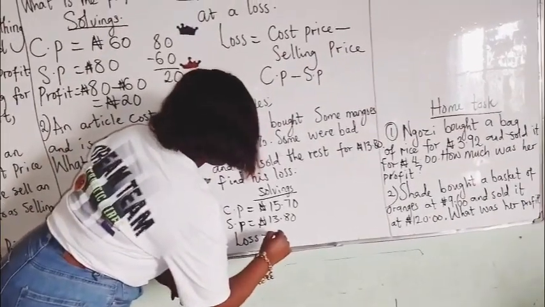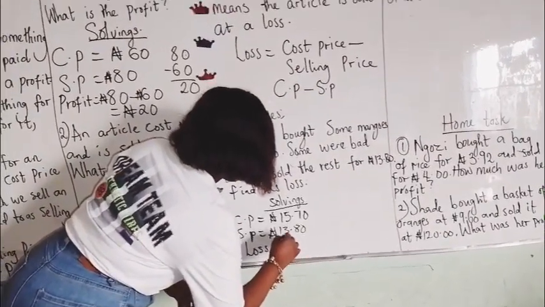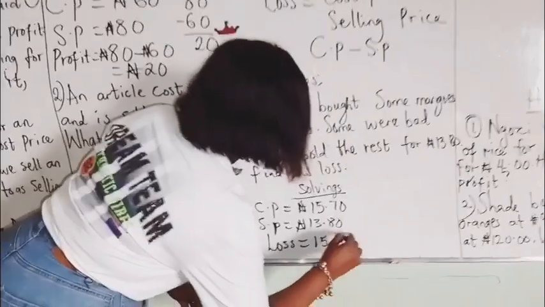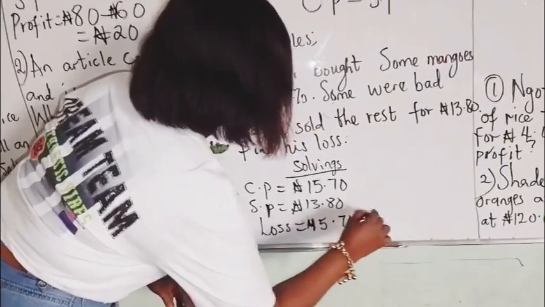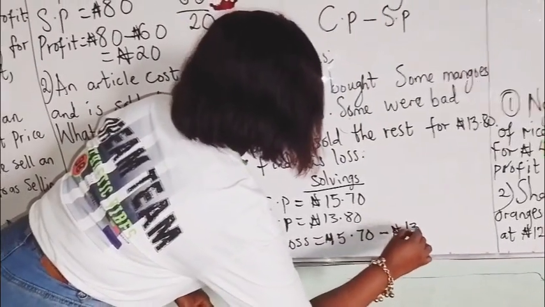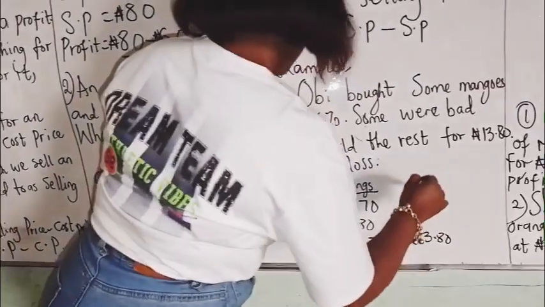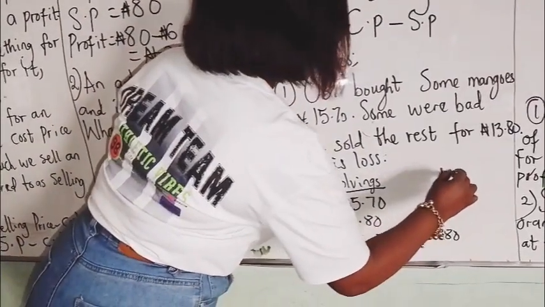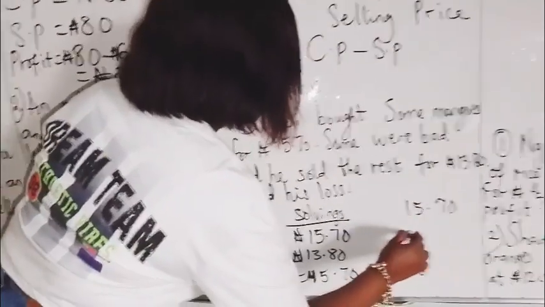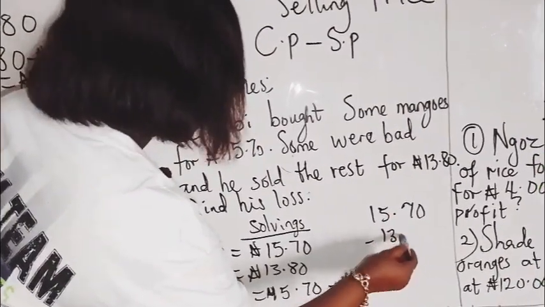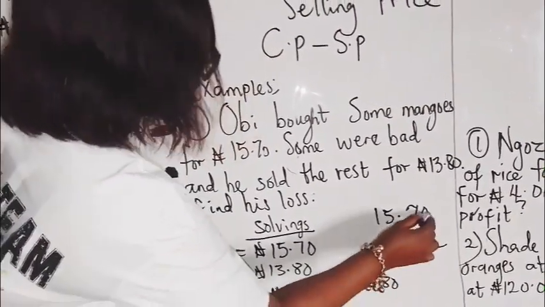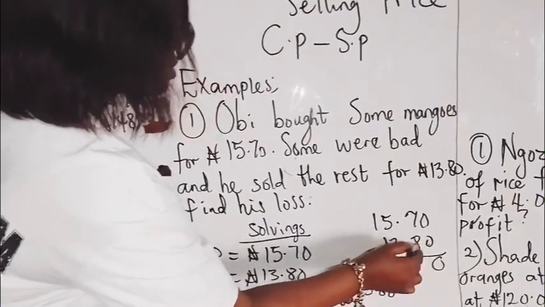So I have 15 naira 70 kobo minus 13 naira 80 kobo. So I'll do my solvings here. 15.70 minus 13.80. 0 minus 0 is 0. 7 minus 8, and you can't.